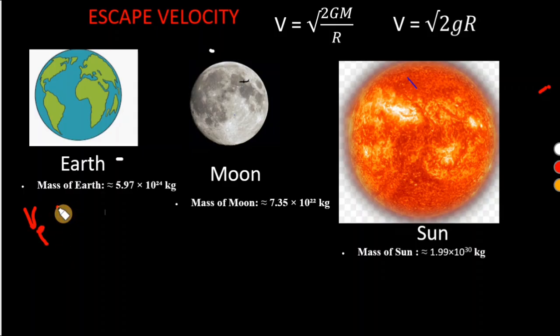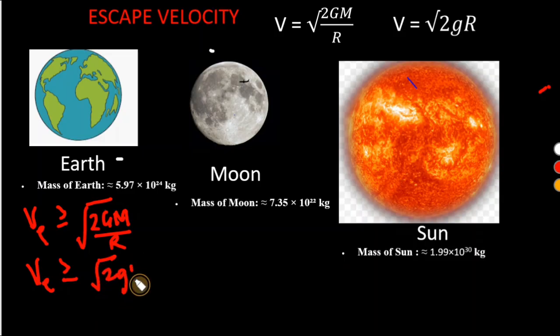The escape velocity should be greater than or equal to this for a body to escape from the surface of a planet: root 2gr, where g is gravitational acceleration, r is the radius, and G is the universal gravitational constant.